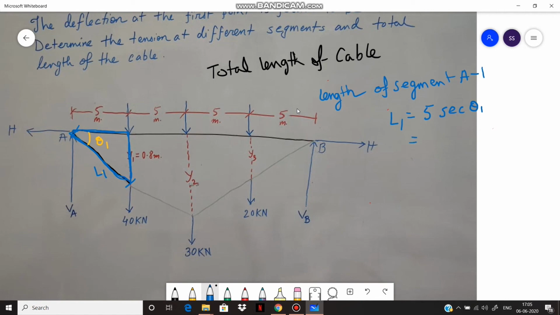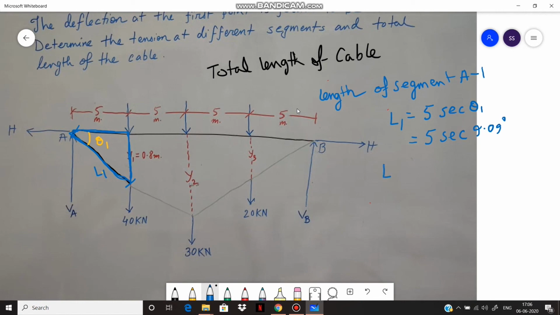So we have this calculation, that is 5 sec θ1, and putting the value of θ1 as 9.09 degree, we can calculate L1.